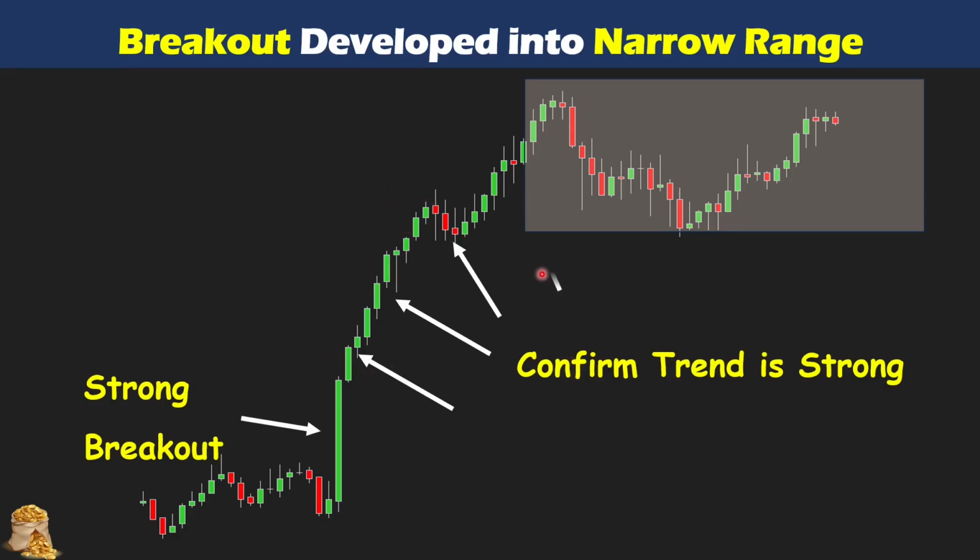And then the third leg here goes almost the same distance as the second and first legs. This is also showing a very strong trend. Then you expect that when the market develops into a range at the end of the trend, this range will be narrow. So you want to make sure you exit at a very good level to take more profit.